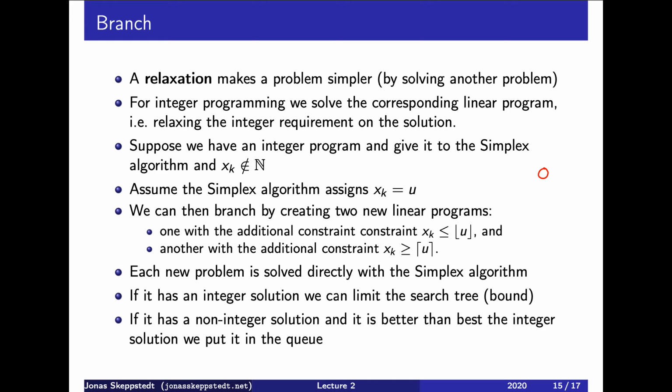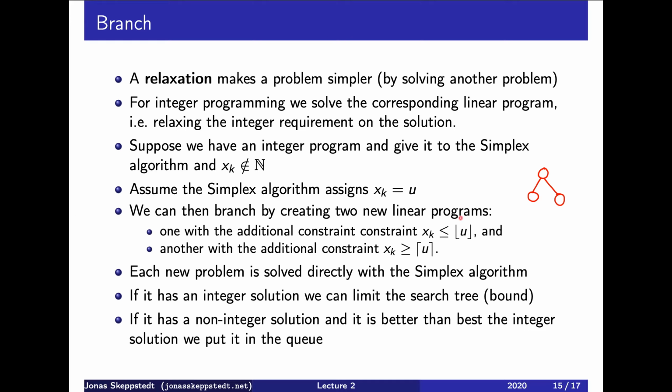And if there is at least one variable that's not integer in the output from simplex, say xk, then we can create two new nodes as children from this.